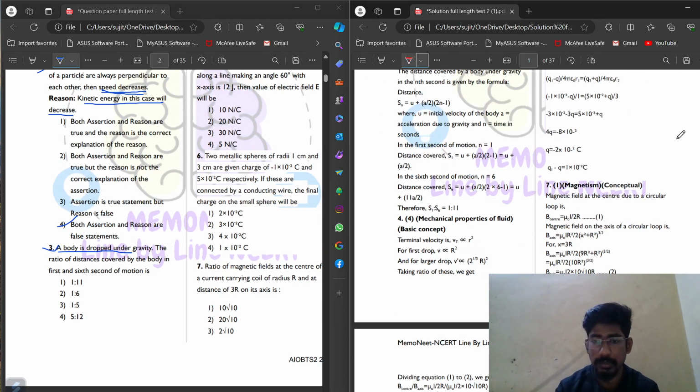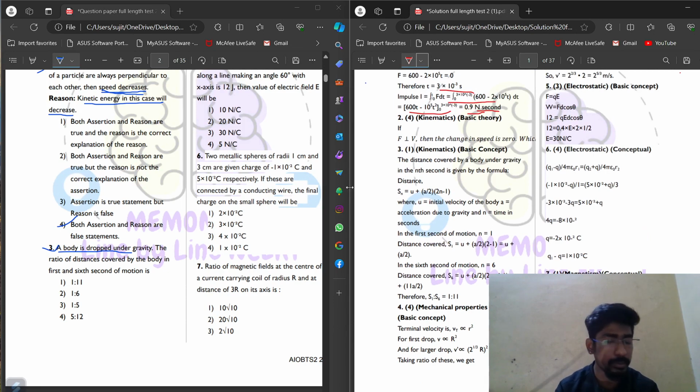So here the nth second formula is given by Sn equals u plus a by 2 times (2n minus 1), where n is the nth second, like the ninth second, right? Here it is given fifth and sixth.